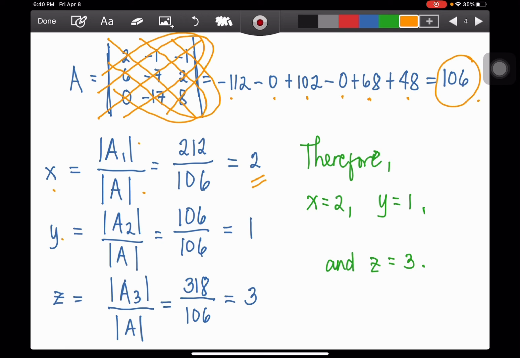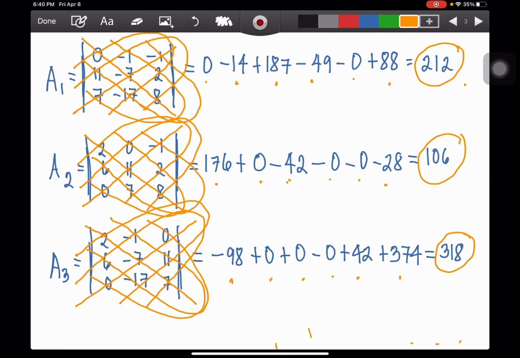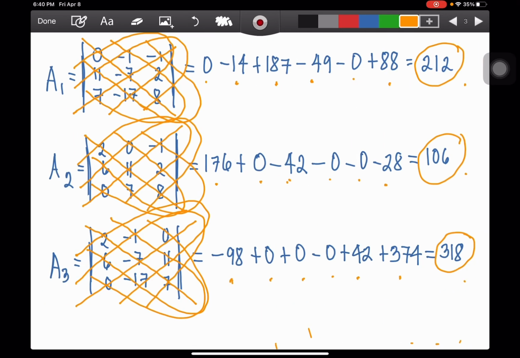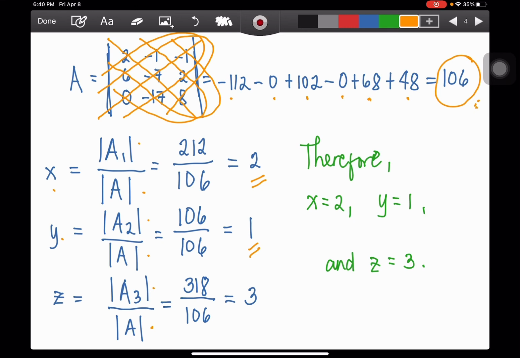Then y is equal to the determinant of A sub 2 divided by the determinant of A. A sub 2 is 106 divided by 106, which is equal to 1. Finally, z is equal to the determinant of matrix A sub 3 divided by the determinant of matrix A. A sub 3 is 318 divided by 106. We have 3. Therefore, x is equal to 2, y is equal to 1, and z is equal to 3.